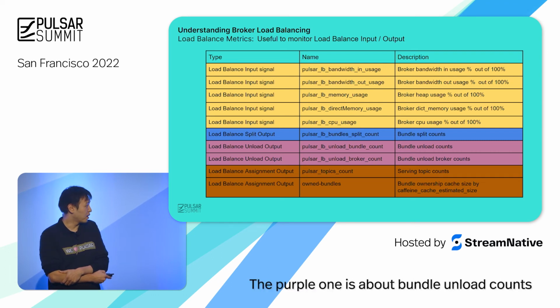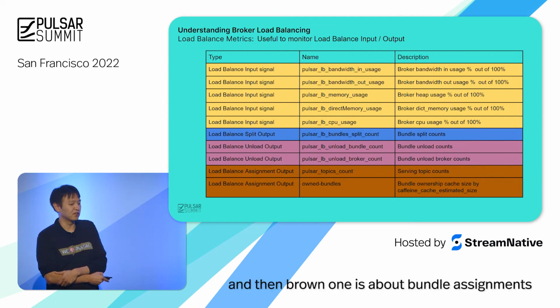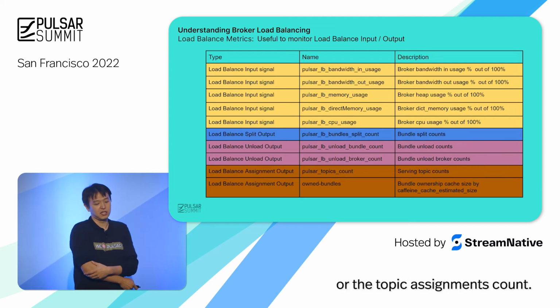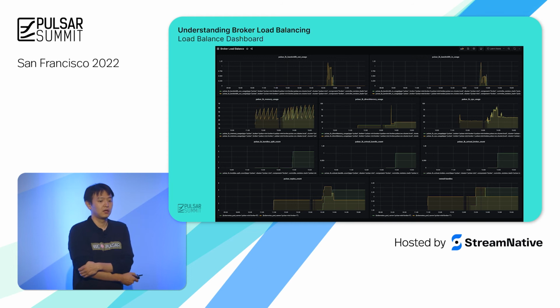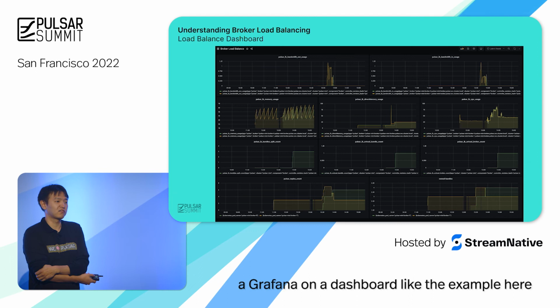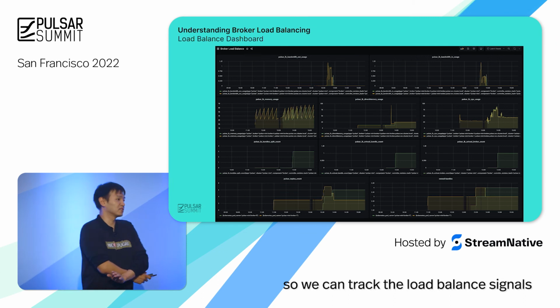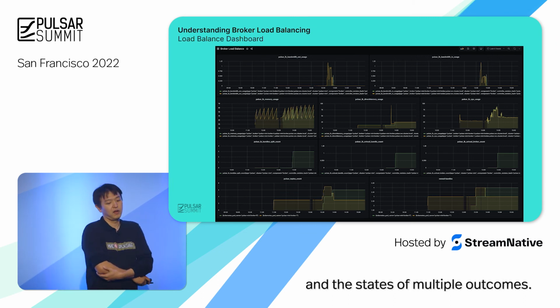The purple one is about the bundle unload counts. And the brown one is about bundle assignments, or the topic assignment counts. So using these metrics, I think we can create a Grafana dashboard like the example here. So we can track the load balance signals and the state of load balance outcomes.